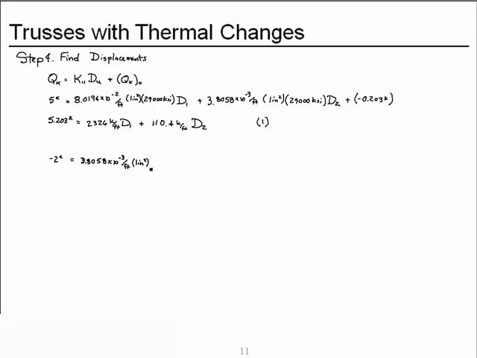We'll put in A, 1 inch squared, E, 29,000 KSI, and all of that is times unknown displacement d1.